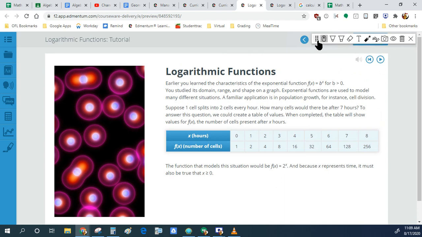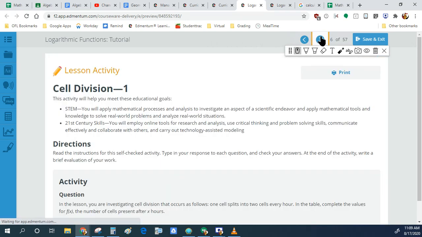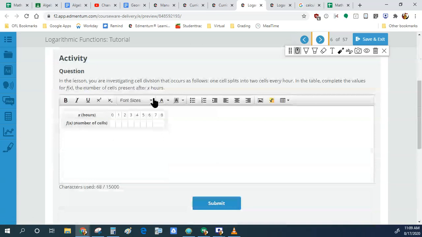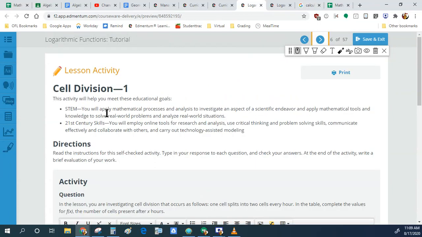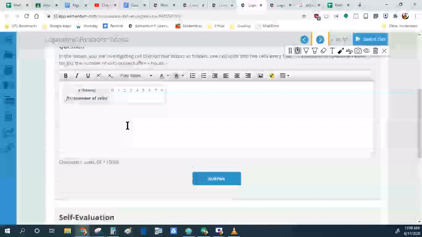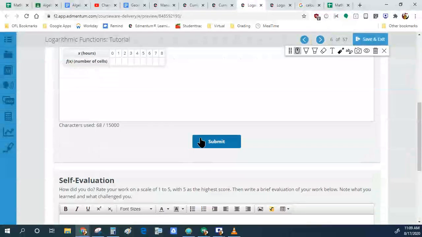So let me move on. I need to move this so it's not in the way. When we're doing this cell division problem, and they want us to figure out what happens after this amount of hours, how many cells we have, this part's easy because this part's just exponents, right?